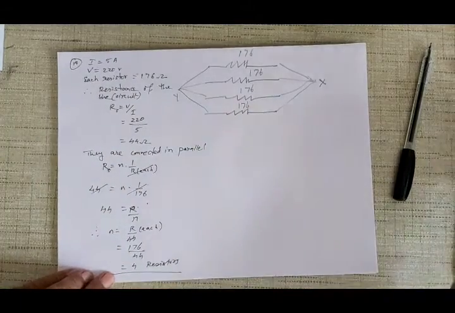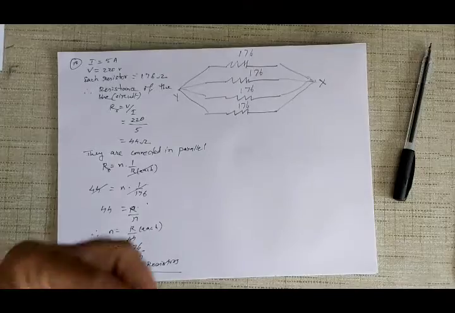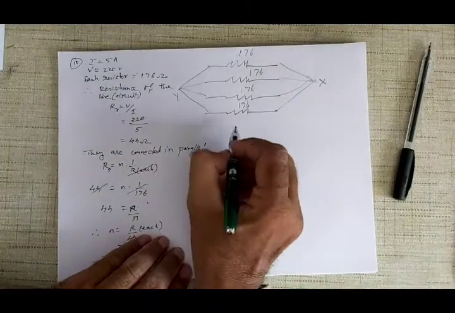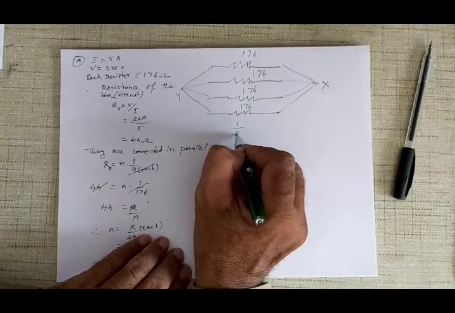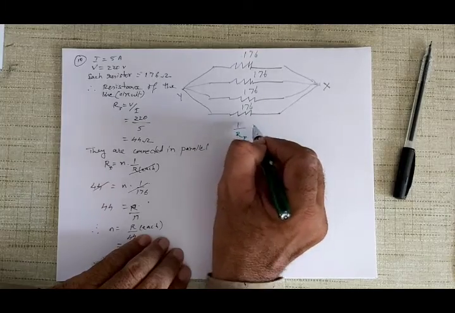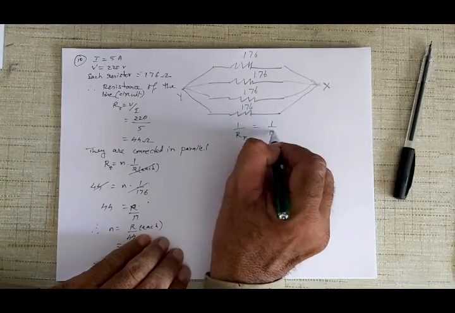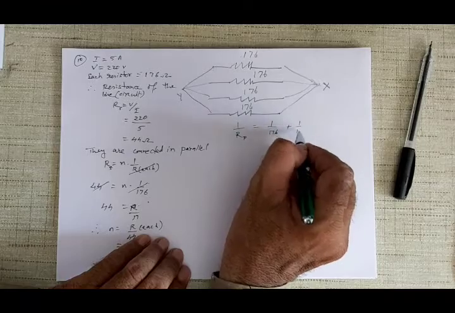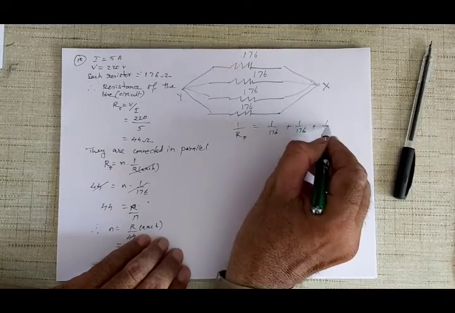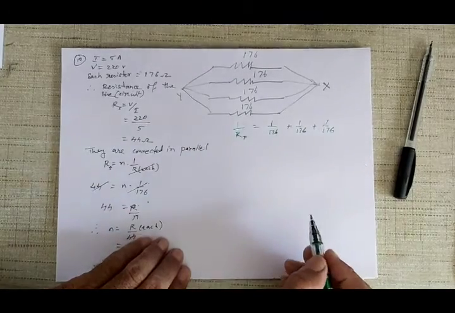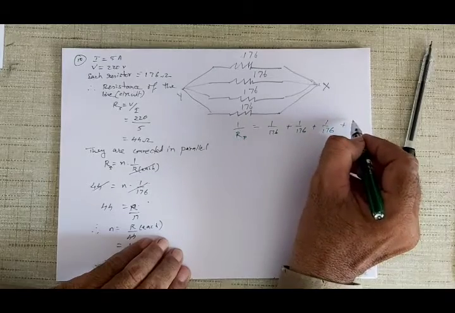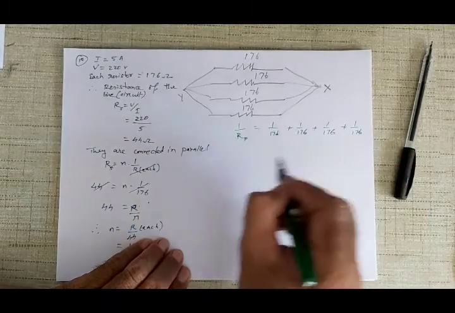Now if you want to do it the other way around, see, what will the equivalent resistance be? 1 upon resistance when they are connected in parallel would be 1 upon 176 plus 1 upon 176 plus 1 upon 176 plus 1 upon 176.